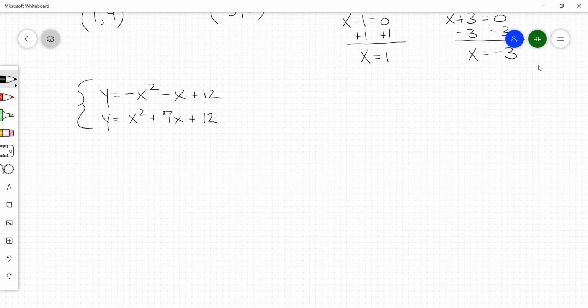All right. If y equals negative x squared minus x plus 12 and y equals x squared plus 7x plus 12, you can replace the y up top with what y is equal to. So if you take x squared plus 7x plus 12, you set it equal to negative x squared minus x plus 12.